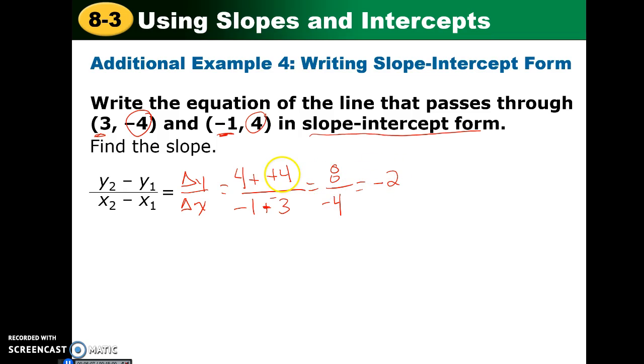So this is, remember, my slope. m equals negative 2. So now I have y equals negative 2x plus b. I want to figure out what this b is, my y-intercept. To do that, all I need to do is plug a point into this equation.